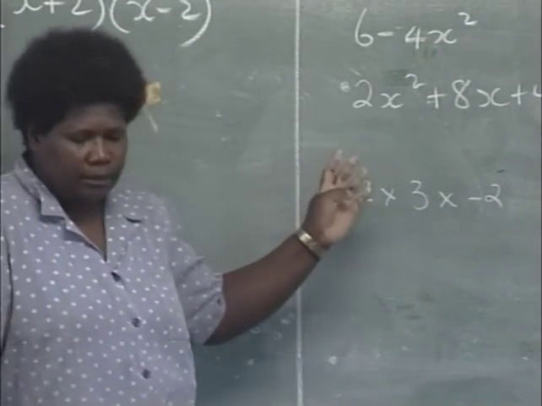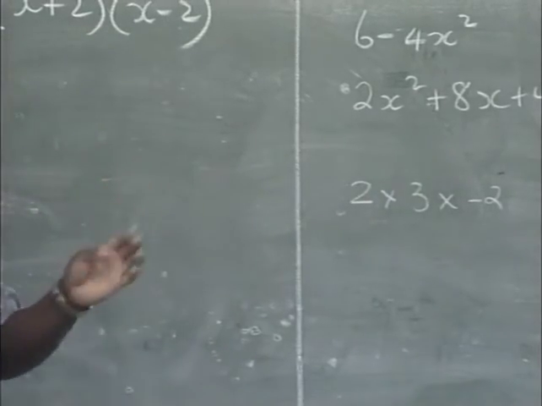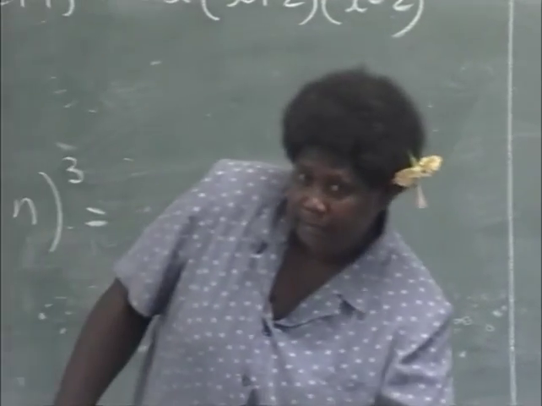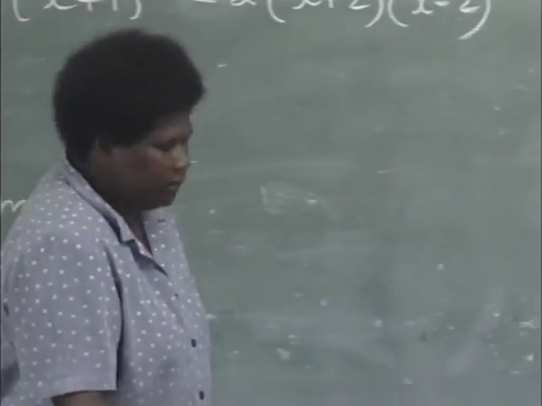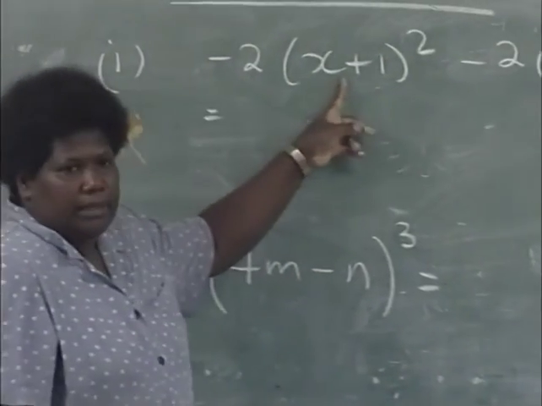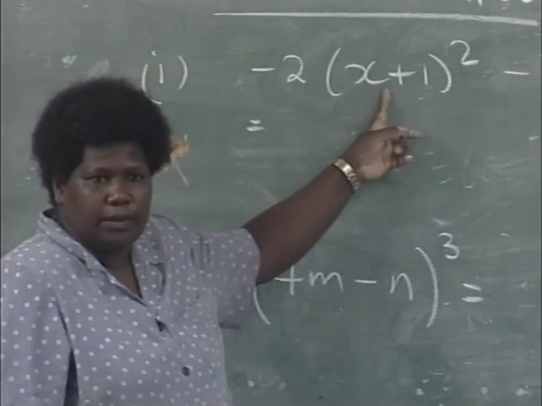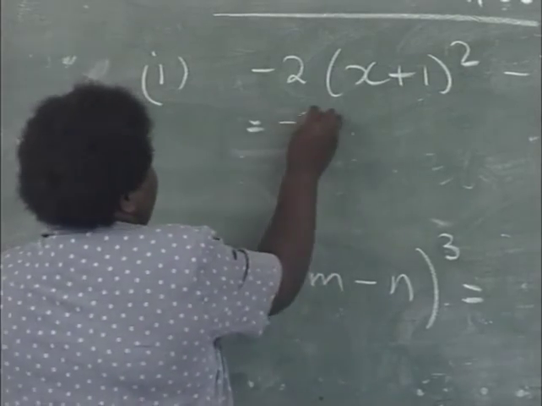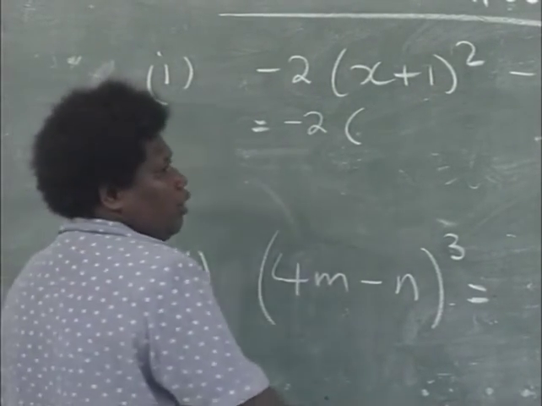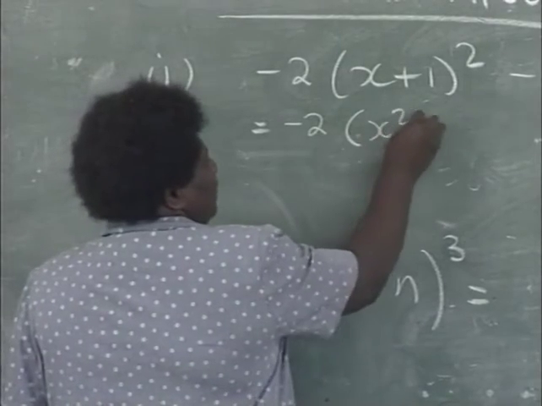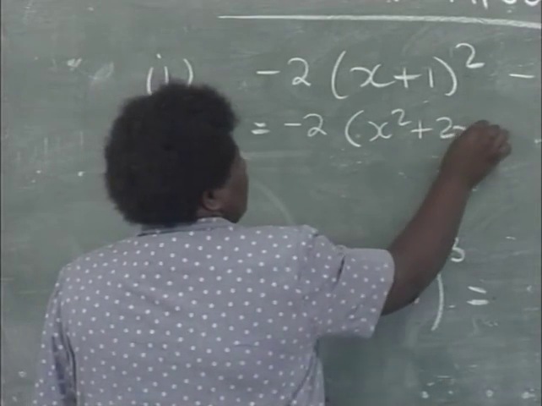Whichever way I multiply, I will still get the same answer if I multiply correctly. Okay, what I'm going to do is I will get the answer to x plus 1 squared first, and then I multiply by minus 2. So x plus 1 squared we all know is x squared plus 2x plus 1.